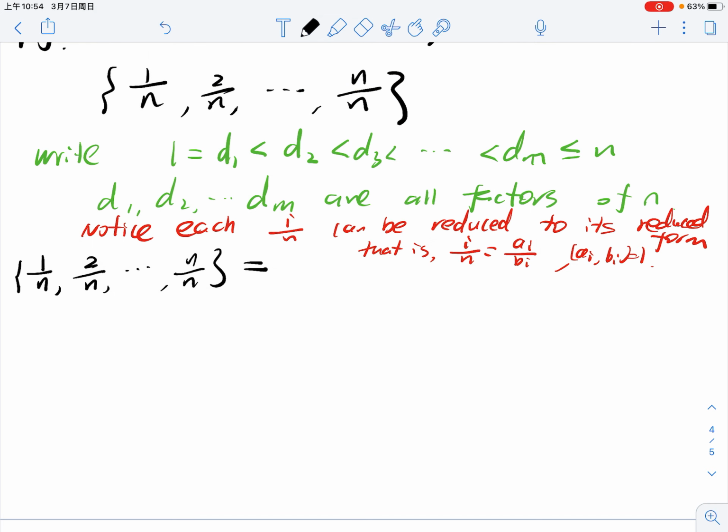Note that here bi must be one of the factors of n, d1 to dm.